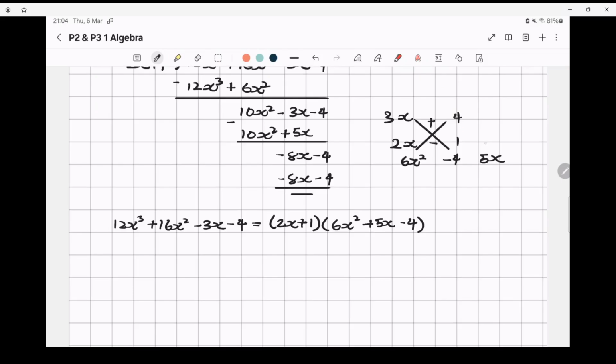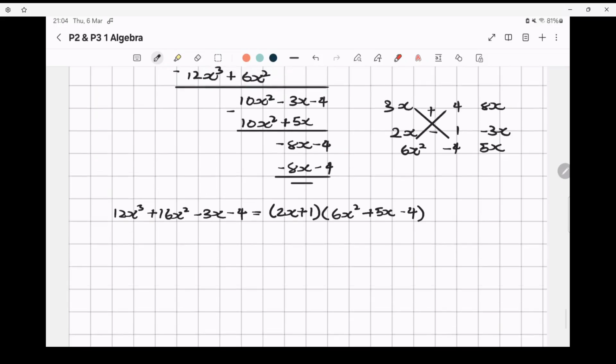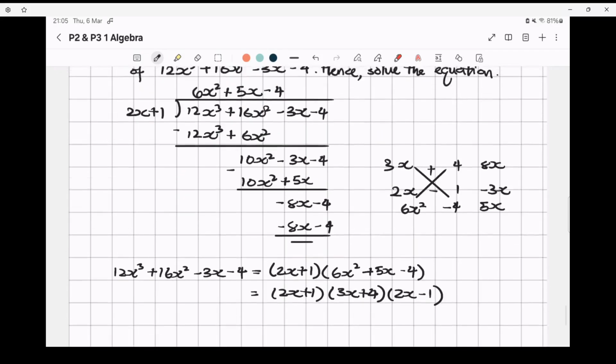So you would get minus 3x, big X. So then, yep, this will be 2x plus 1, 3x plus 4, 2x minus 1. So that's how you factorize the whole equation. So usually for division of polynomial, you are just going to do this long division and that's it.